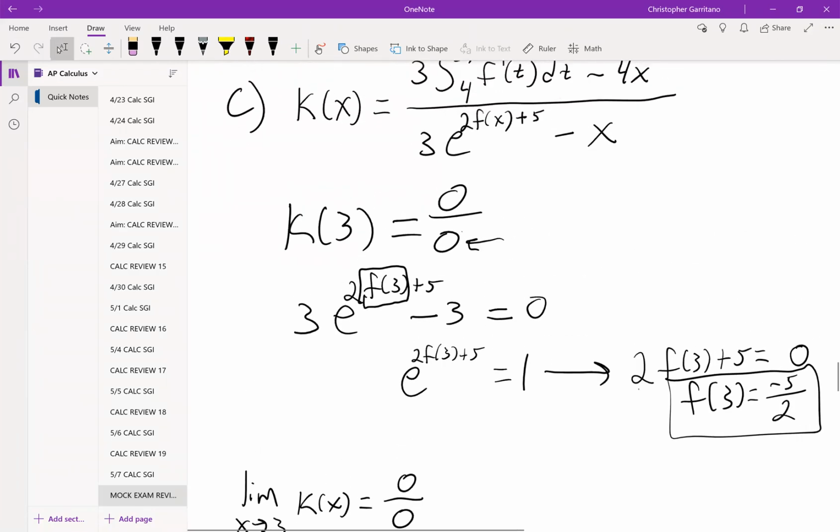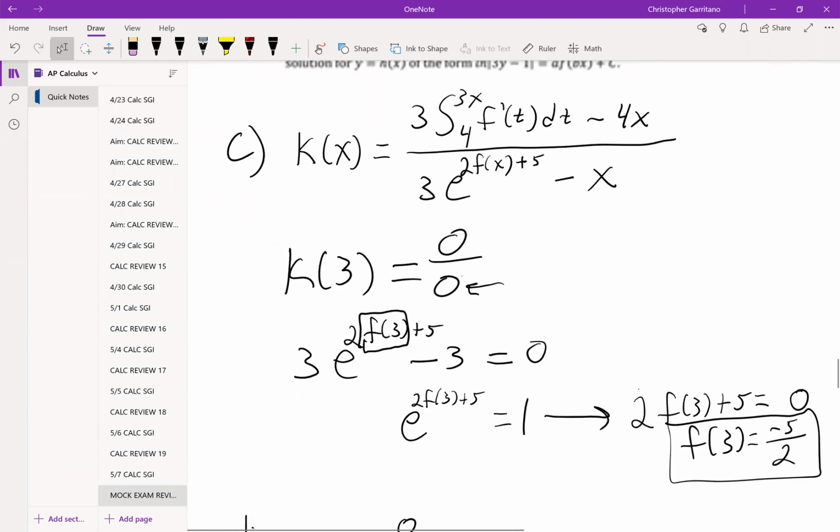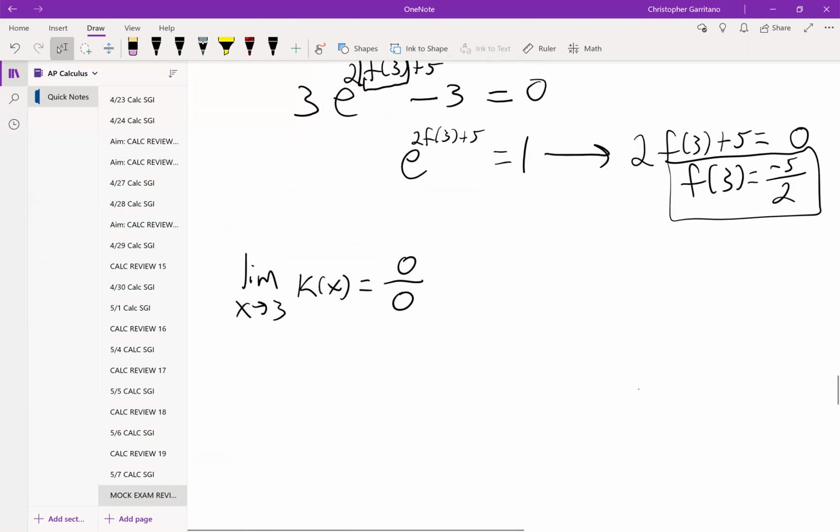L'Hopital's rule says that I take the numerator and find its derivative, then take the denominator, find its derivative, and then simply find the limit of the ratio of those two derivatives. So let me rewrite the expression down here.